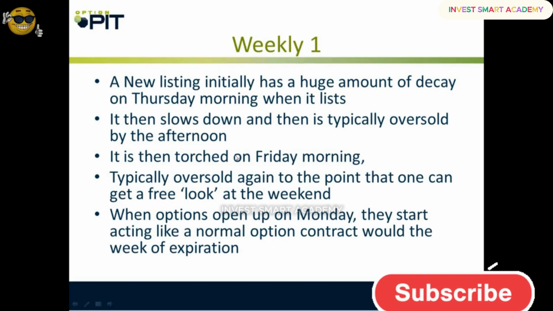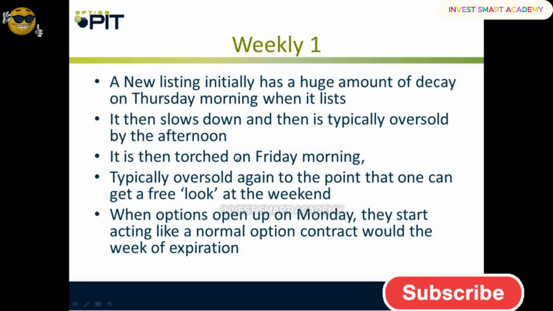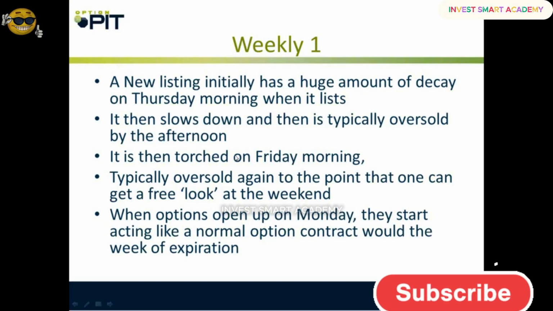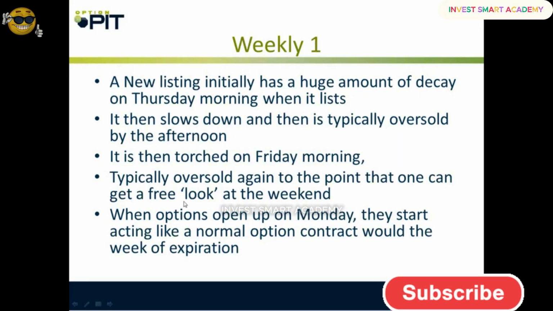And usually by Thursday afternoon, that premium decay slows down to a kind of normal progression. So you'll see like a huge portion come out Thursday morning. Then it'll kind of stop for the day. Sometimes it can get oversold, and you'll actually see these options increase in volatility. Then Friday morning, they start torching again.